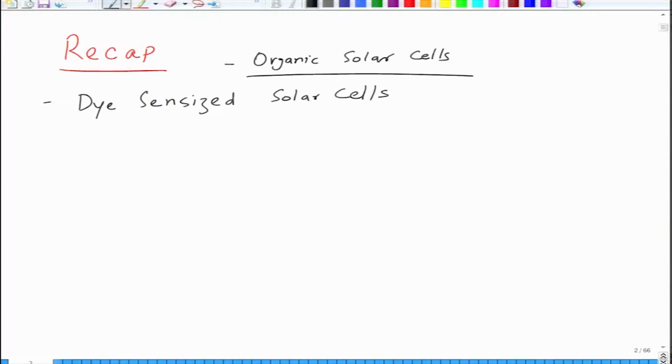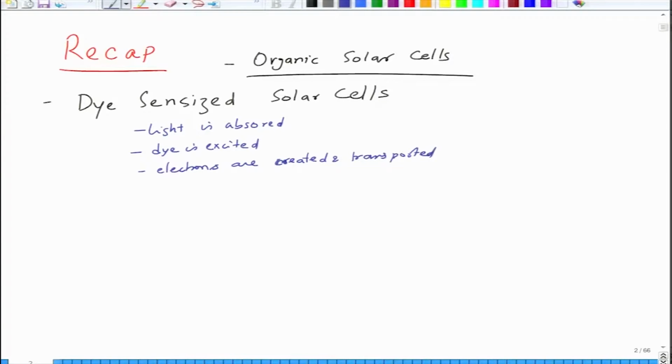In the dye sensitized solar cells, the concept is very simple: light is absorbed, dye is excited, electrons are created, and then transported through the titanium oxide nanoparticles, which are n-type conducting materials.